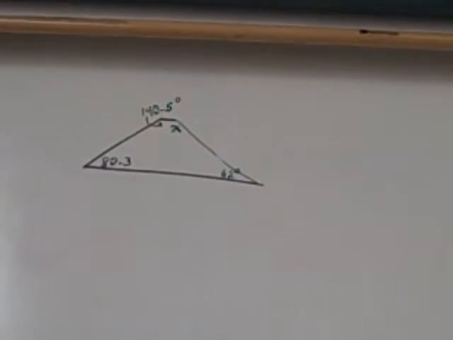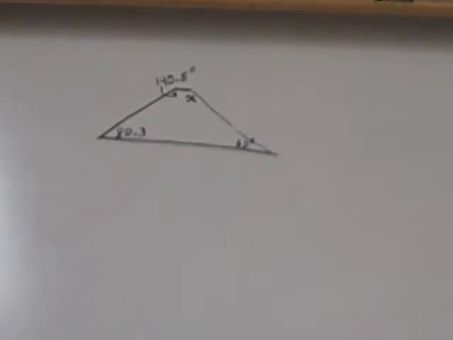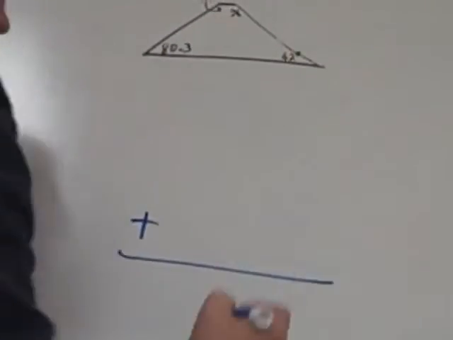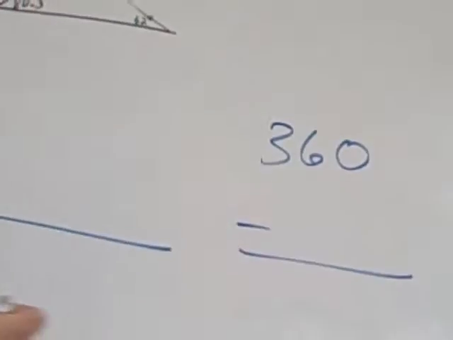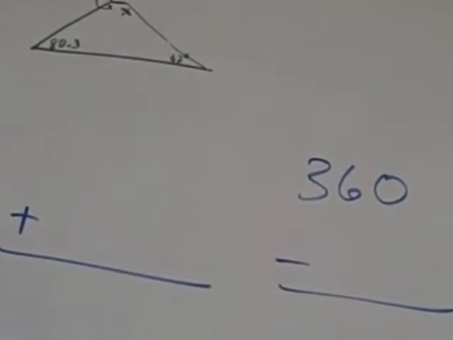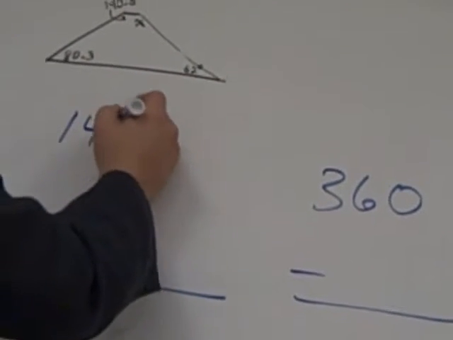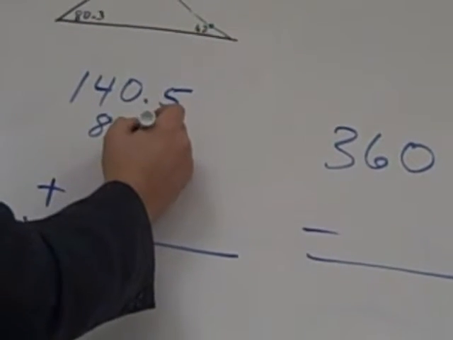But what did I do to mess with you, though? Got some decimals in there. We still do it like Cody said over here, though, right? Pretty much. We're going to add some stuff, and then subtract from 360. So what do I have to add? 140.5. 80.3.